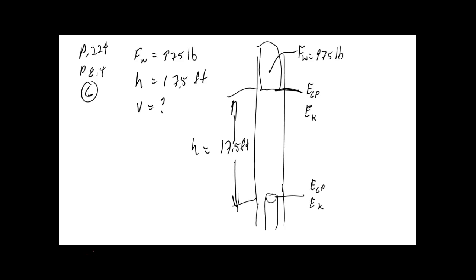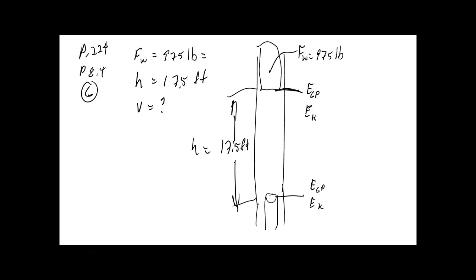Anyone remember the formula for gravitational potential energy? There are a couple of them. I'm going to give you a hint here too. What is the formula for weight? Can anyone tell me that one? That's a really basic one that we had.